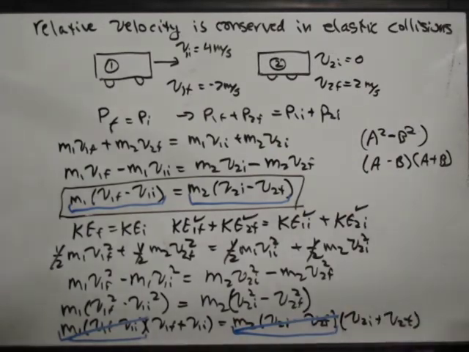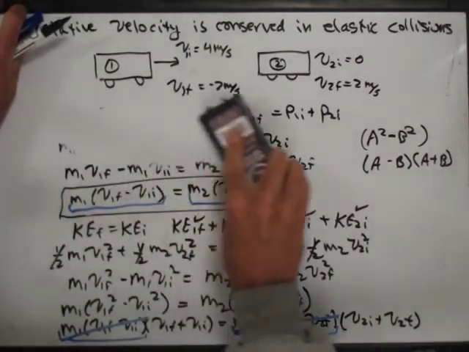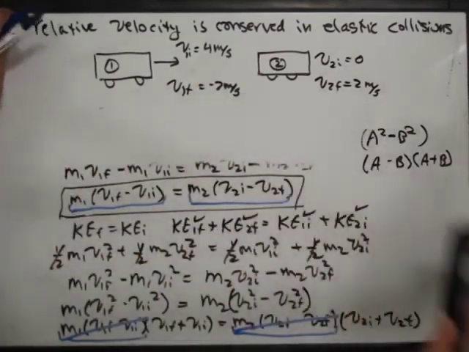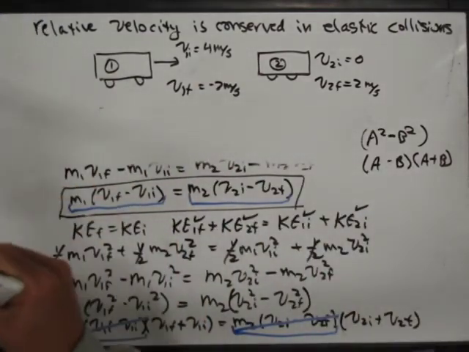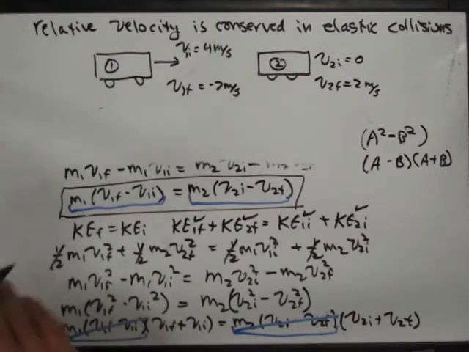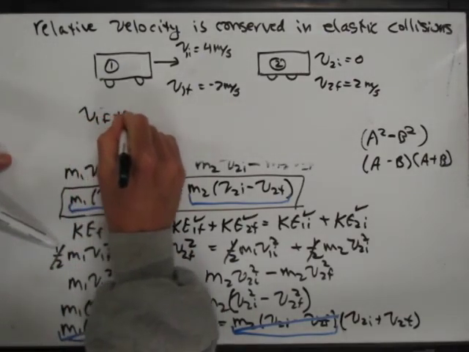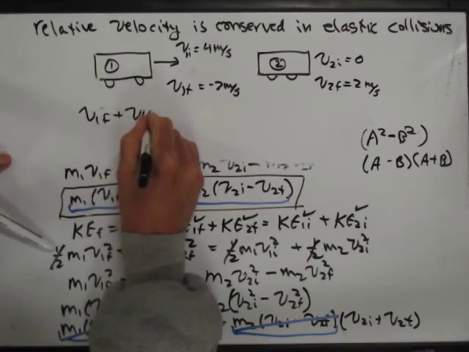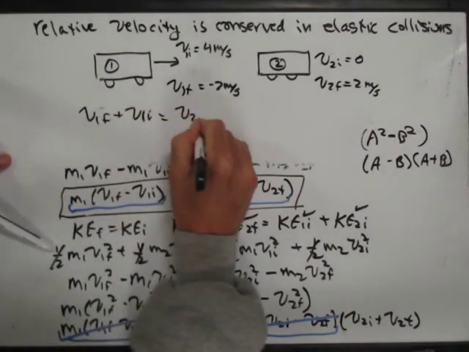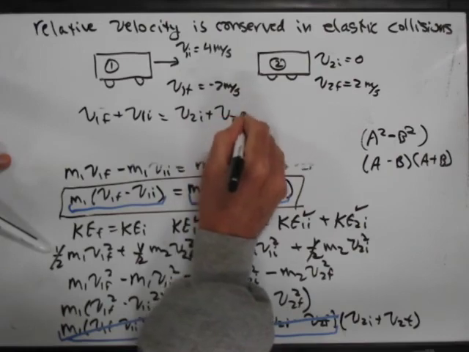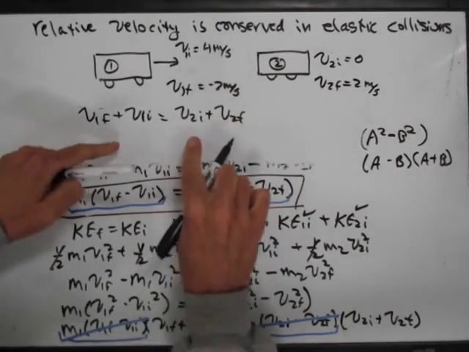And that leaves me this thing equals this thing. And so I'm going to write that up at the top here after I make a little eraser move. I get V1 final plus V1 initial equals V2 initial plus V2 final. And now I'm going to put the initials together and the finals together.